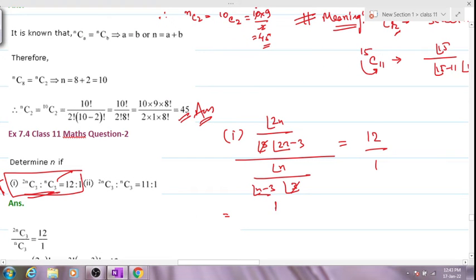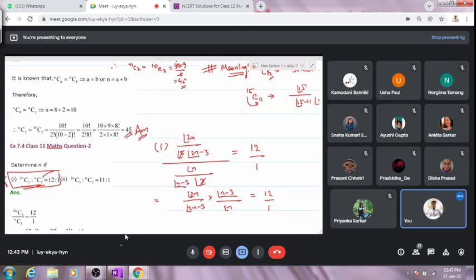First thing which can be done here is factorial 2n by factorial 2n minus 3, and here we can have factorial n minus 3 and factorial n. Anybody who has landed up doing this numerical?